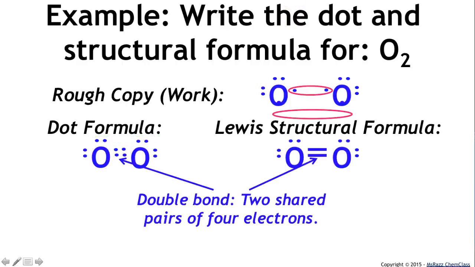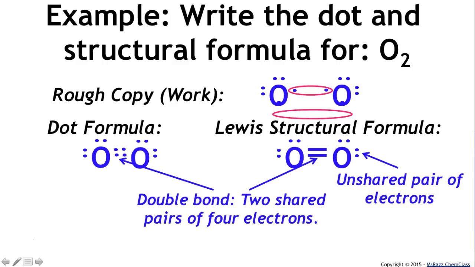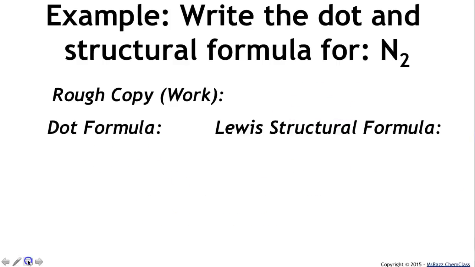Again, there's going to be 2 dashes, and that is how we will demonstrate that there's what we call a double bond. Now the rest of them we call unshared pairs, which means that they are just kind of hanging out. Each of them belongs to those individual oxygens.